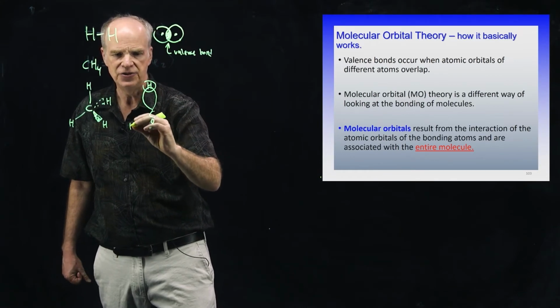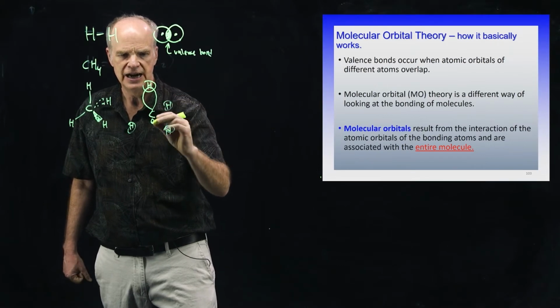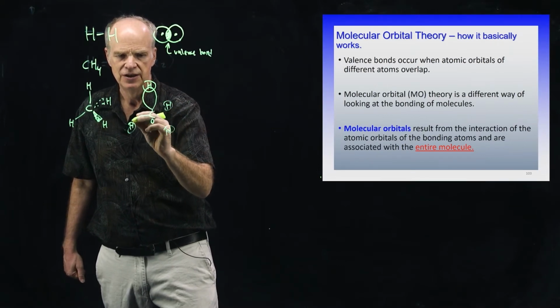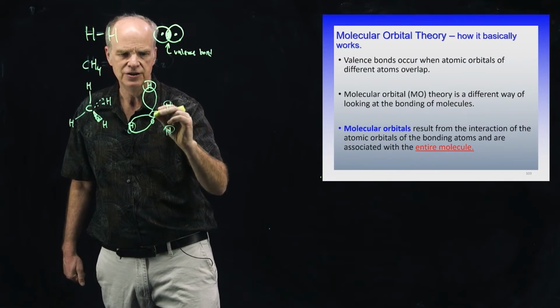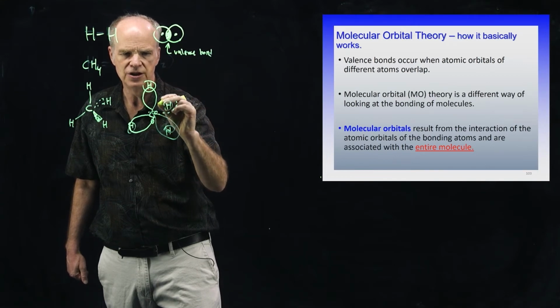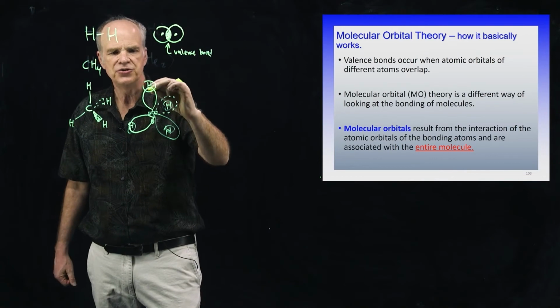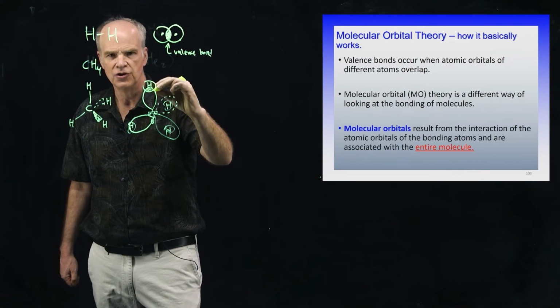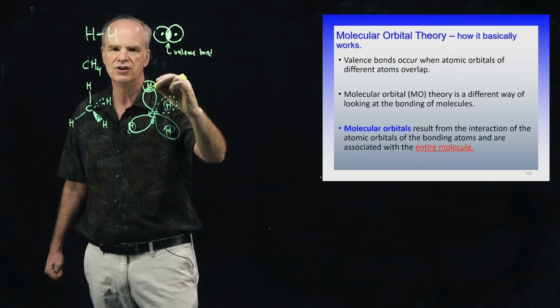The same thing happens with these other three hydrogen atoms, with the sp3 orbital going out to each hydrogen, including the one going into the board.